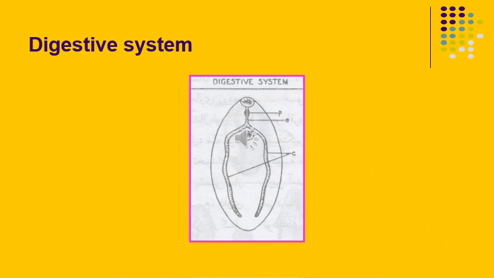After that, we have the pharynx, and after that, we have the esophagus. And the esophagus divides into two intestines, and these intestines continue until the end of the body, but they do not have any anus.